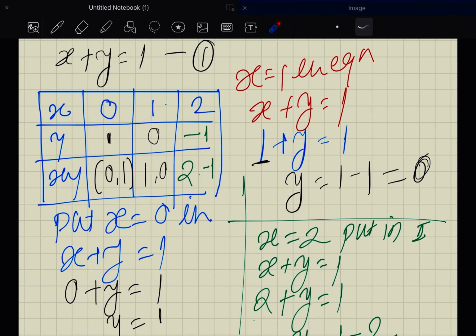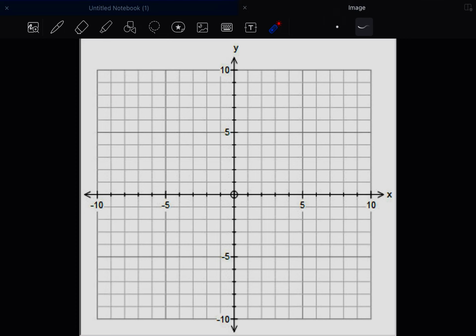Now, let's write down. Suppose this is the origin, let's consider it as 0. So 2 centimeters is equal to 1, 2, let's assume, 3 and 4.